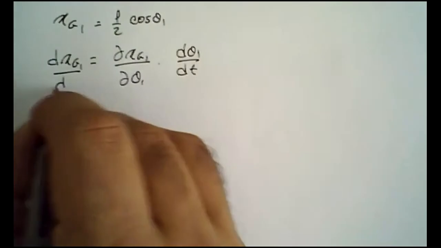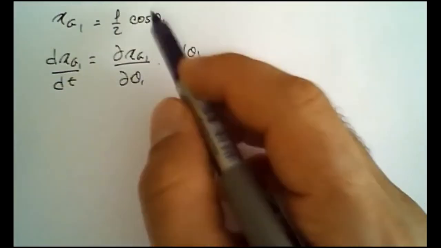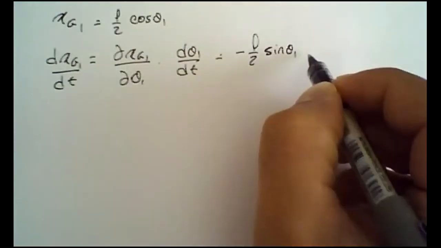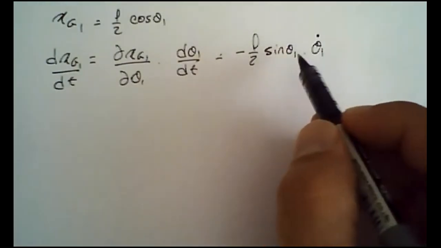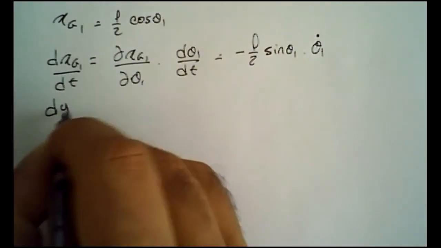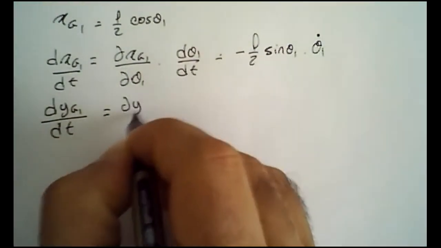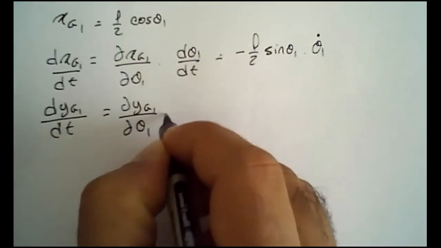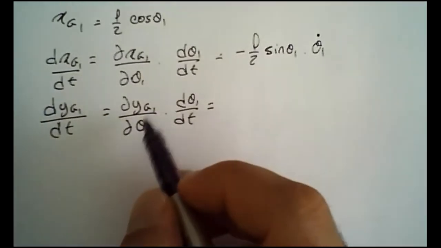Obviously here I'm dividing by dt. The partial derivative of xG1 with respect to theta 1 is minus L1 over 2 sine theta 1, multiplied by theta 1 prime. We know theta 1 prime because we know theta 1 as a function of time. Now let's look at dyG1 dt, which is dyG1 over d theta 1, because it's only a function of theta 1.